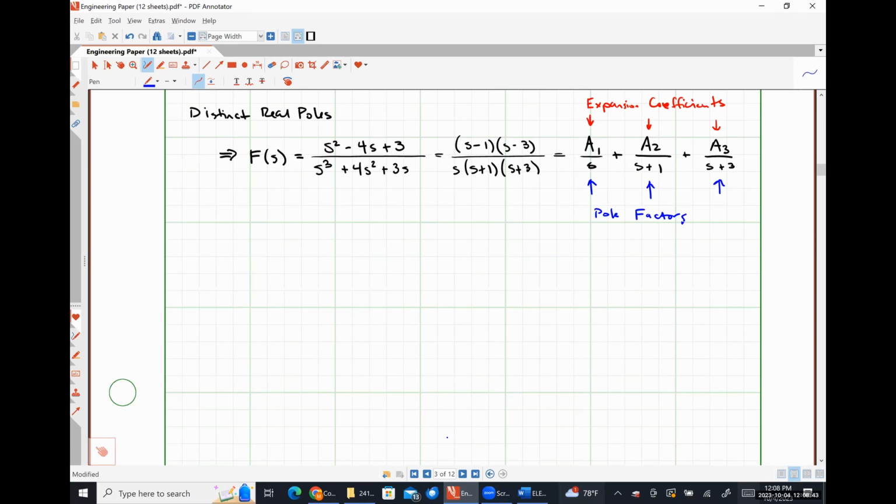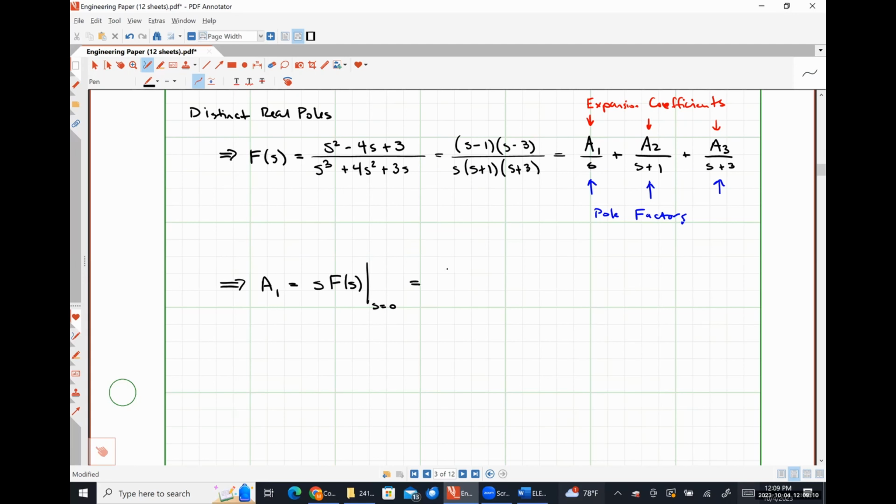So for this particular example, we would find A1 is going to be s times our function f of s evaluated at s equals 0, okay?